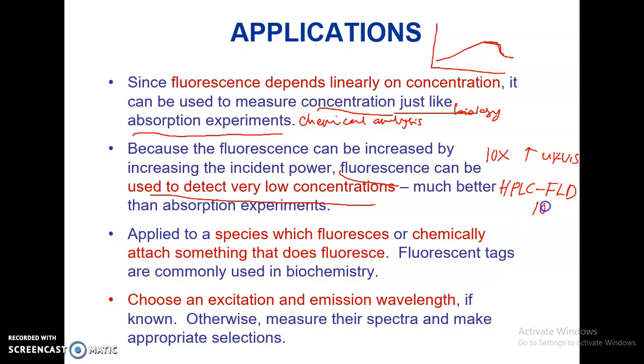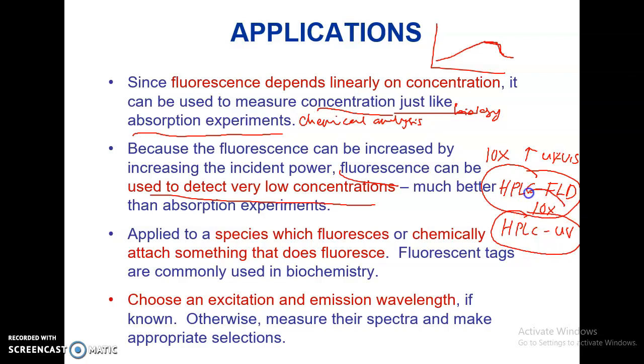It is 10 times more sensitive as compared to HPLC-UV, provided that you are analyzing a native fluorescent compound, meaning it is readily fluorescing, as compared to a compound that only has a chromophore inside it.